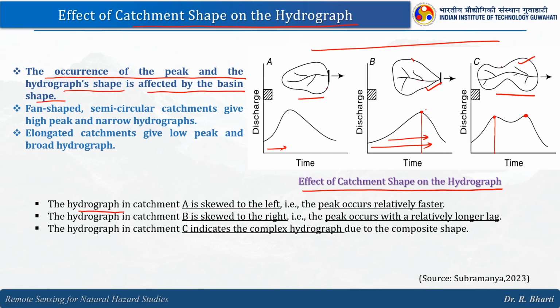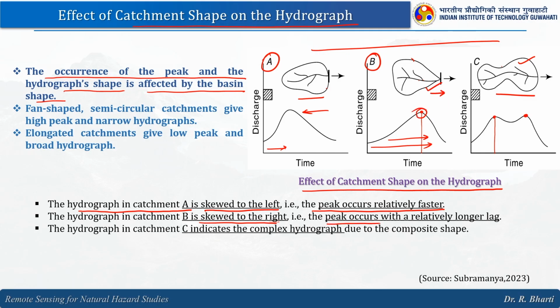The hydrograph in catchment A, this one, is skewed to the left, right. The peak occurs relatively faster. When we have B, the catchment B is skewed to the right. In case of B, the hydrograph is skewed towards the right side, so it is taking more time.